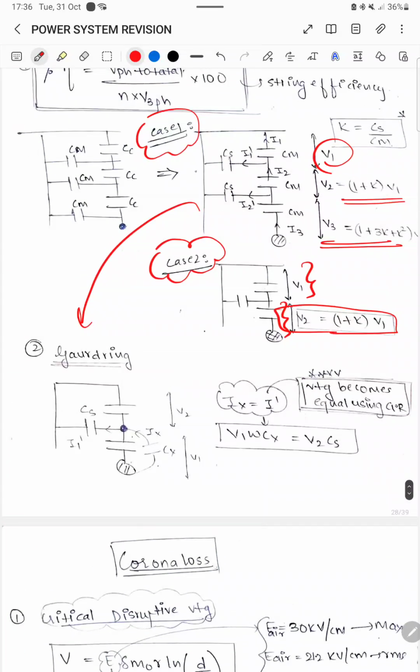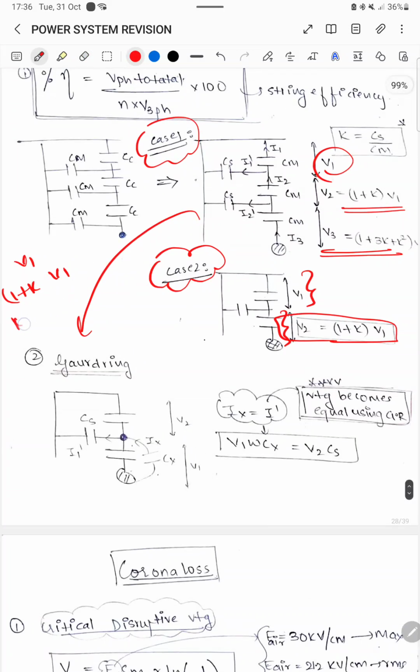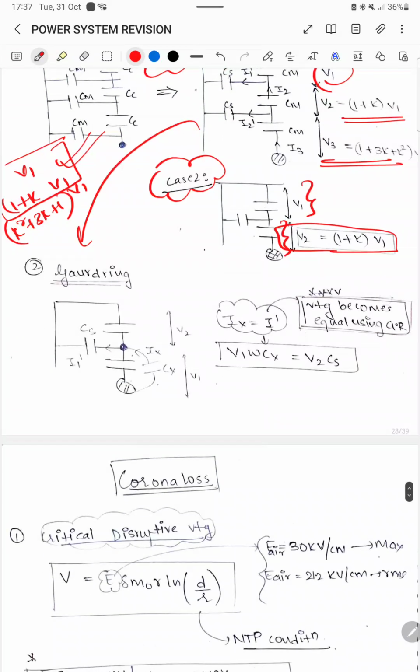One must always remember that it starts with V1, then 1 plus k V1, then k square plus 3k plus 1 V1. And if only two branches are there, then only the top two formulas, but it will always start from V1.